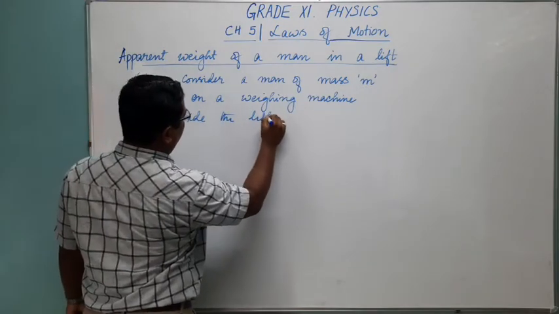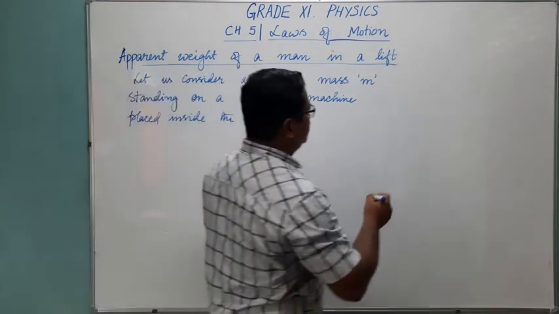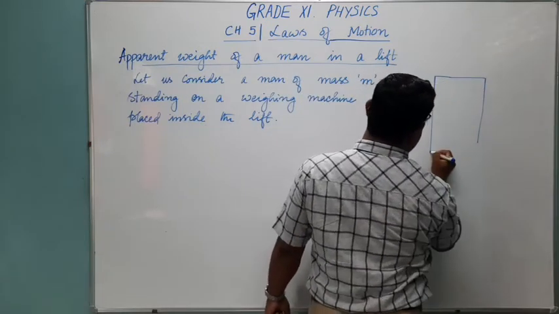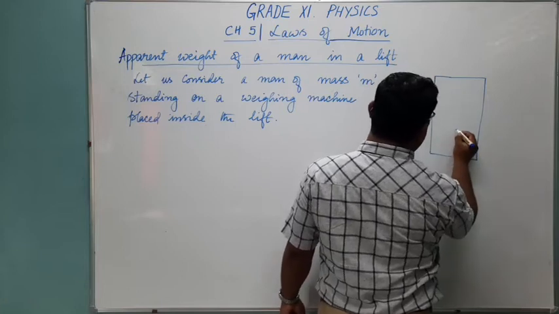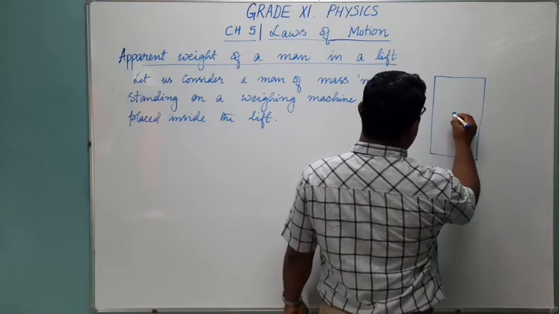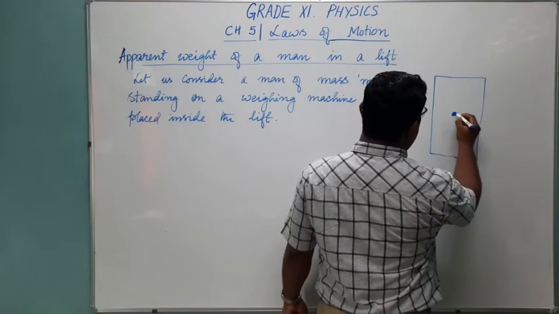Suppose this is your lift. Let us consider this as the lift. The weighing machine is placed here, somewhere at the center, but we know that the weighing machine we place at the bottom of the lift.